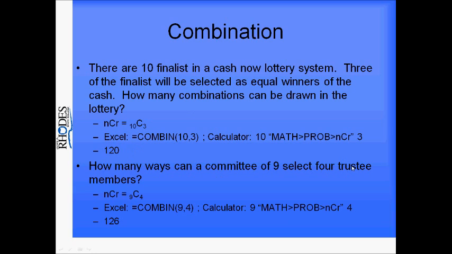Here, with a trustee, order doesn't matter because they're all equal in terms of position. So when you type it in, it's combination 9, which is from the committee. We're selecting 4 trustees, so it's 9C4. Do it again on Excel or calculator. Should come up with 126 different combinations.